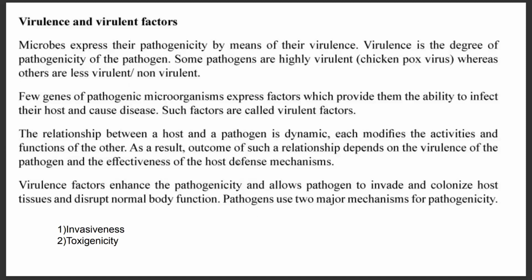As a result, the outcome of such a relationship depends on the virulence of the pathogen and the effectiveness of the host defense mechanism. Virulence factors enhance the pathogenicity and allow the pathogen to invade and colonize the host tissue and disrupt the normal body function. Pathogens use two major mechanisms for pathogenicity, invasiveness and toxigenicity.